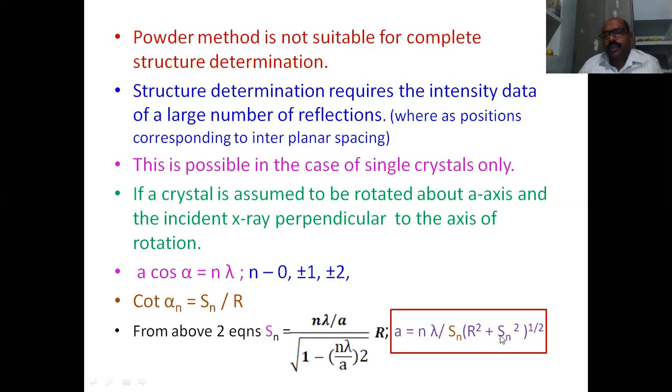By substituting all these quantities, we can calculate the primitive lattice vector a. Similarly, by rotating the crystal in other directions, we can calculate the other lattice vectors, b and c. In that way, we calculate the lattice parameters and hence the crystal structure.